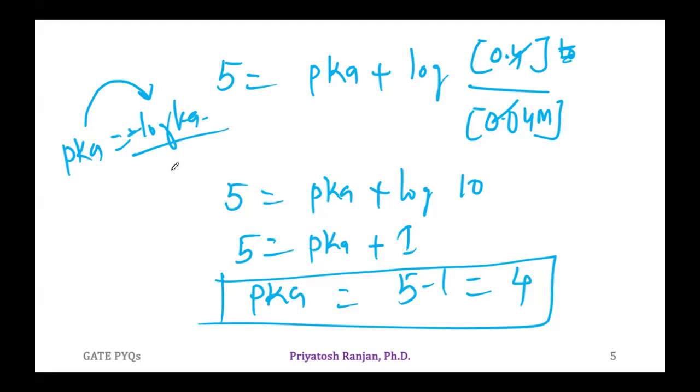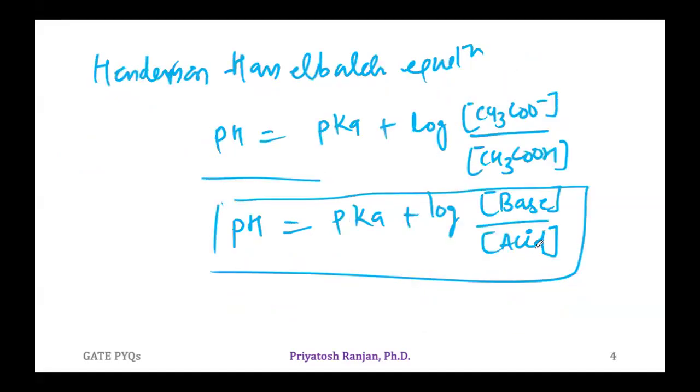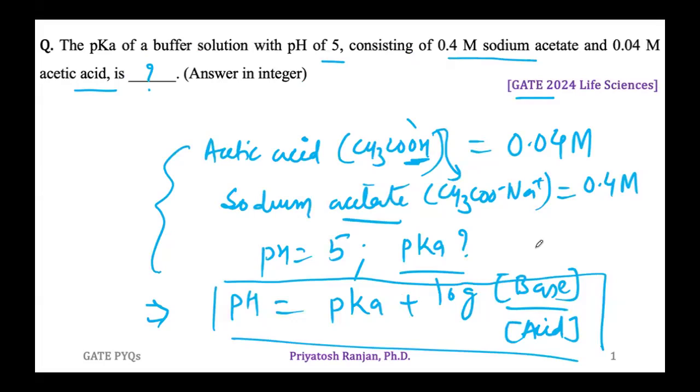And just to give you some number, the pK of a strong acid like HCl is close to -6 to -7. Now have a look at the value of this pK. It is positive and the value is 4. Much higher pK value. That means much lower Ka value. And this gives us the idea that the acid which is mentioned here is a weak acid. So writing the final answer, the pK of the buffer solution in this case is going to be 4.